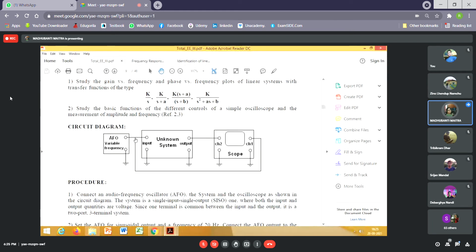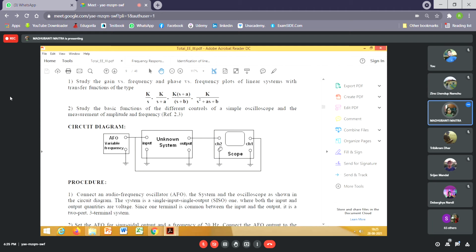Okay. And also this input signal, the third box is basically a scope. That means an oscilloscope. And since there are two channels, as you can see, channel 1 and channel 2, you're familiar with oscilloscope because already you have done an experiment, which is display analysis and recording of waveforms in your second year. The objective of that particular experiment was familiarization with oscilloscope.